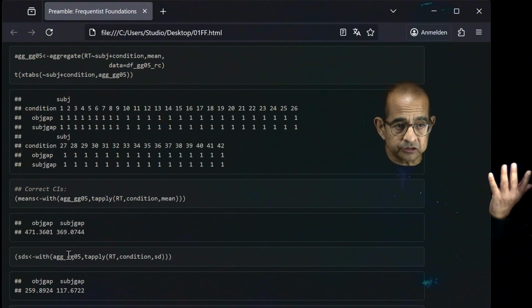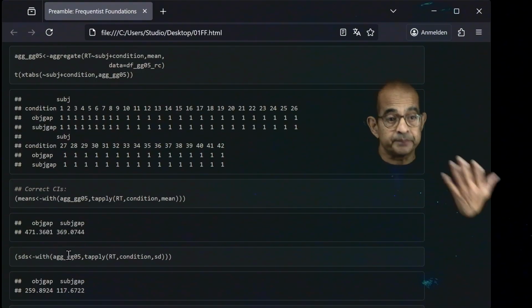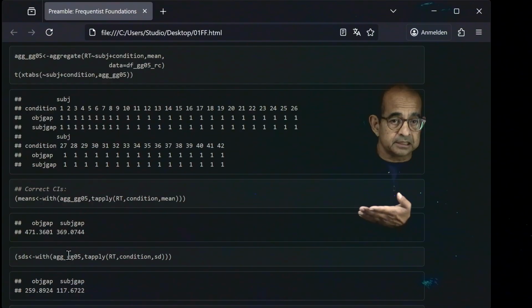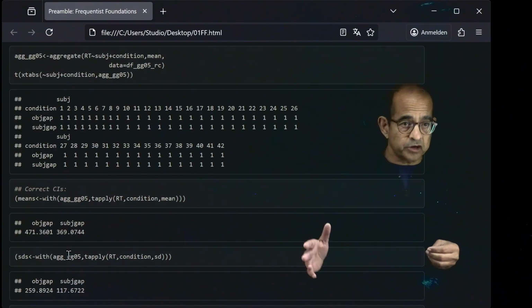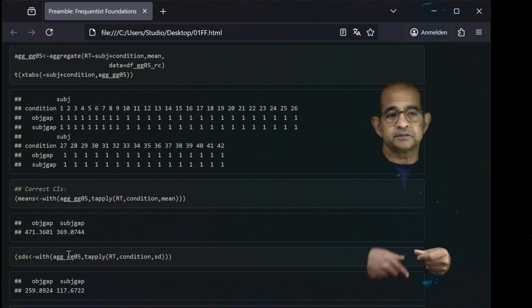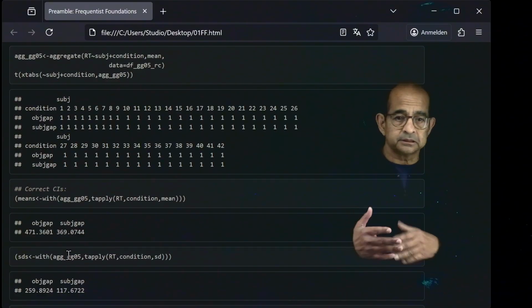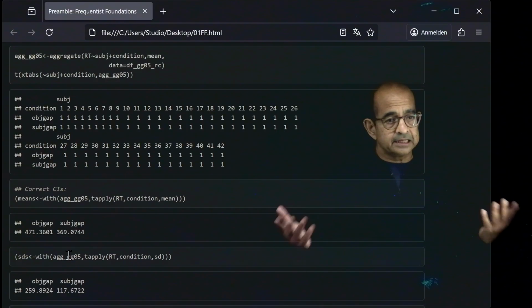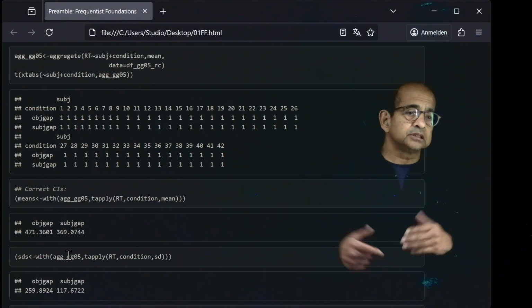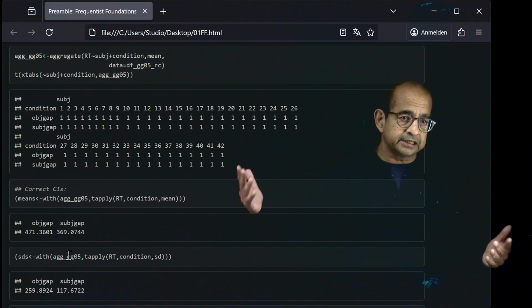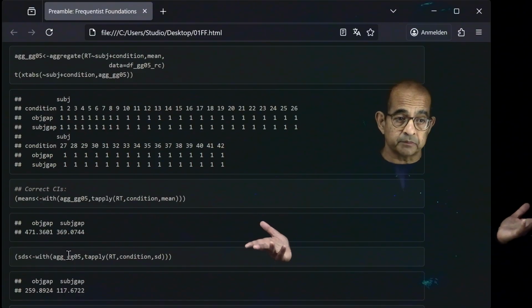Whether you aggregate or not is not going to matter if the data are balanced, as is the case in this data set. In this data set, there's not a single missing data point. I have 42 subjects, 16 items, so 8 data points from each condition. So whether I take the aggregate and then calculate the sample means for the two conditions, or whether I take the unaggregated data and compute the sample means, I'm going to get the same numbers, right?